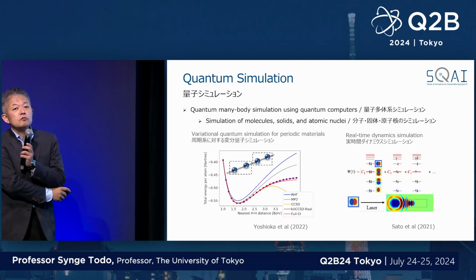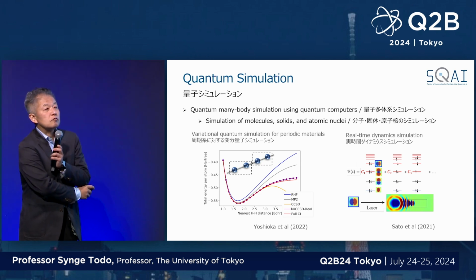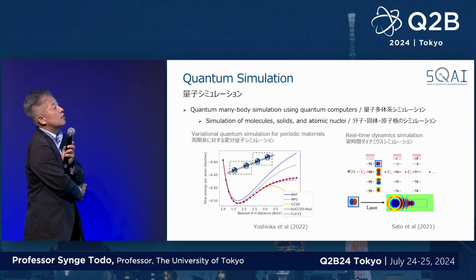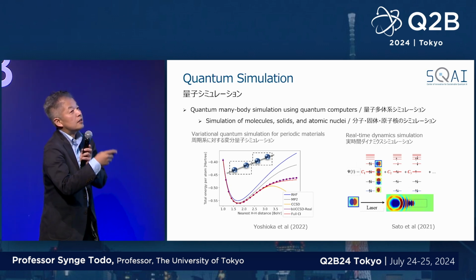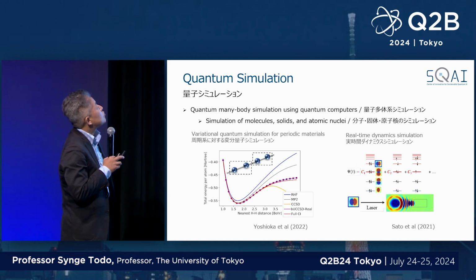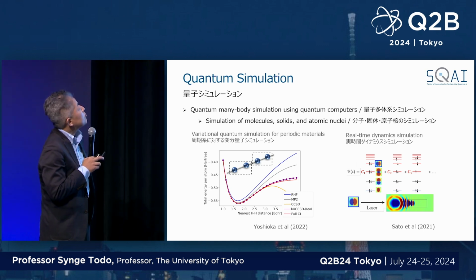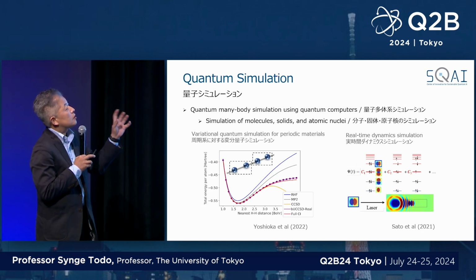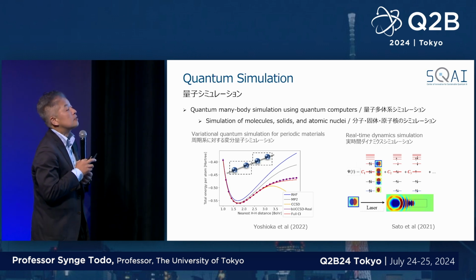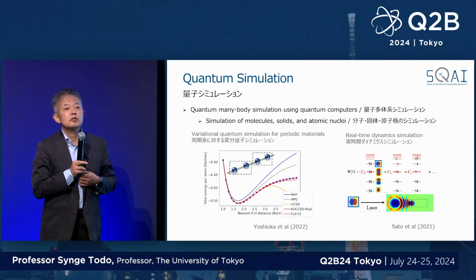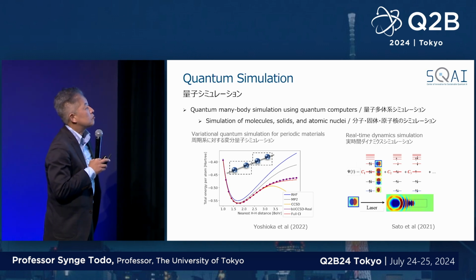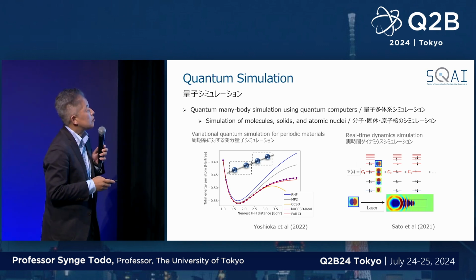With regard to quantum simulation, there will be a quantum variational simulation and also quantum dynamics simulation are some of the examples that we have today. Small molecules have been simulated with quantum computing, but today we also have periodic simulation available.